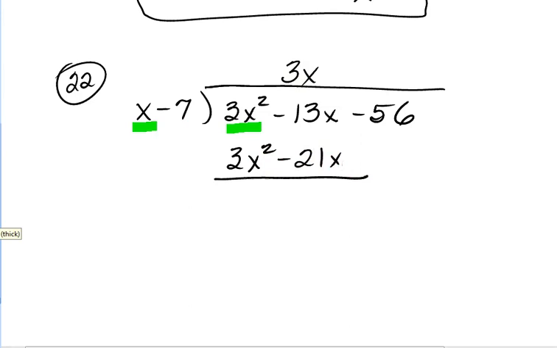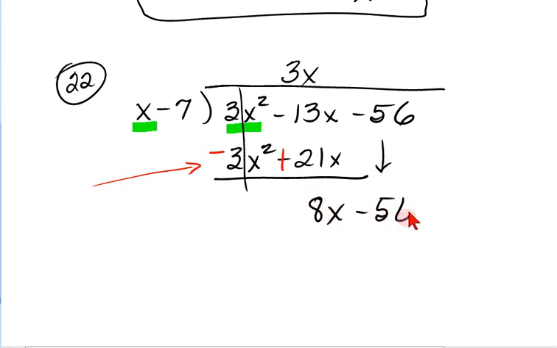What happens next? Change the signs because I'm doing subtraction and I always change the signs on the second polynomial. Those cancel as they always should. And what will I get here? I'll get 8x. And I bring down the next term, minus 56.